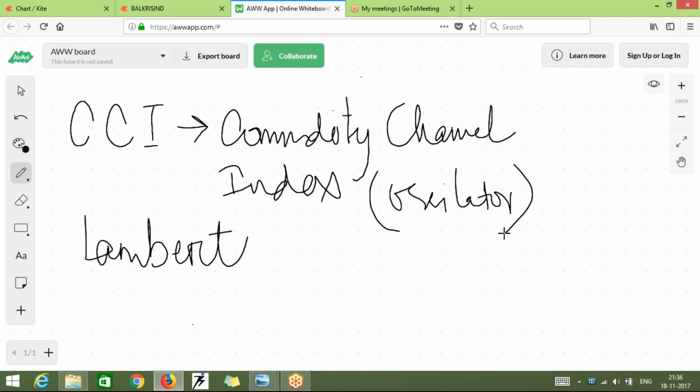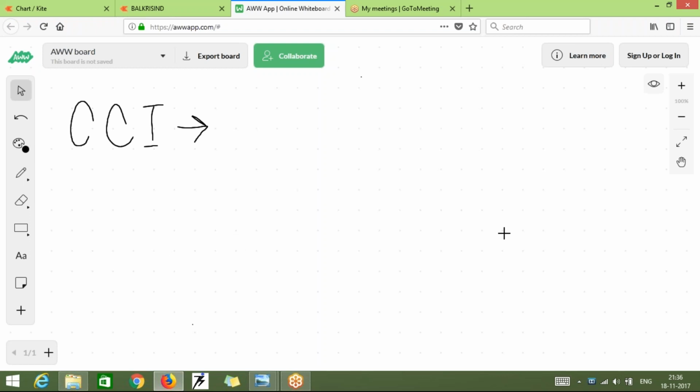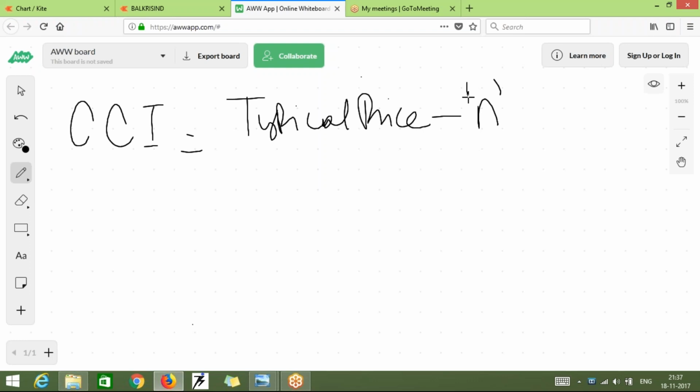Now coming to the formula, what CCI tells. Let me write down the formula. CCI is equal to typical price, which is subtracted with the n period SMA. First we take the typical price, then the n period SMA of the same typical price, which is divided by 0.015 times the mean deviation. It's also a very complicated formula.